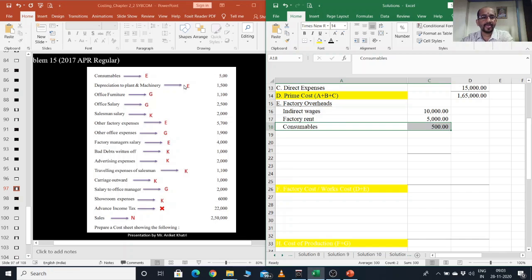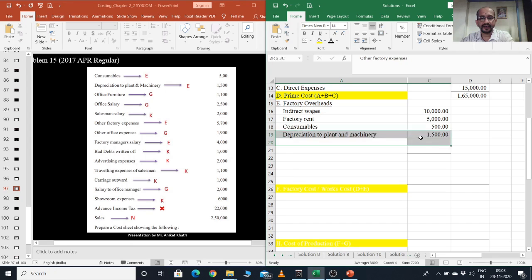Next is depreciation on plant and machinery. So it is 1,500. See the next item, other factory expenses 5,700.